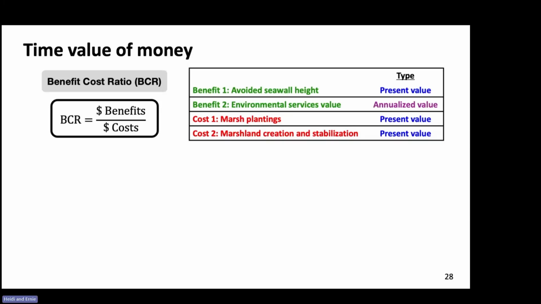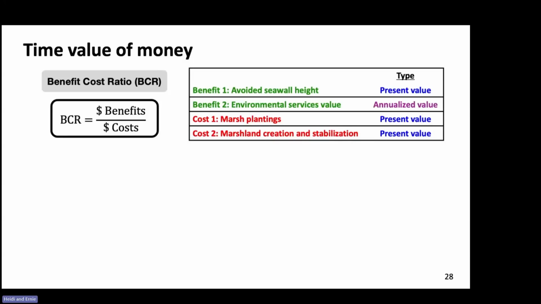In economic analysis, we have to standardize all the values so that they represent the same units. Among the benefit and cost items, some of them are present value, which are some first cost investment. Imagine if you are building a marsh, you invest a certain amount of money, but the marsh lives for 100 years.